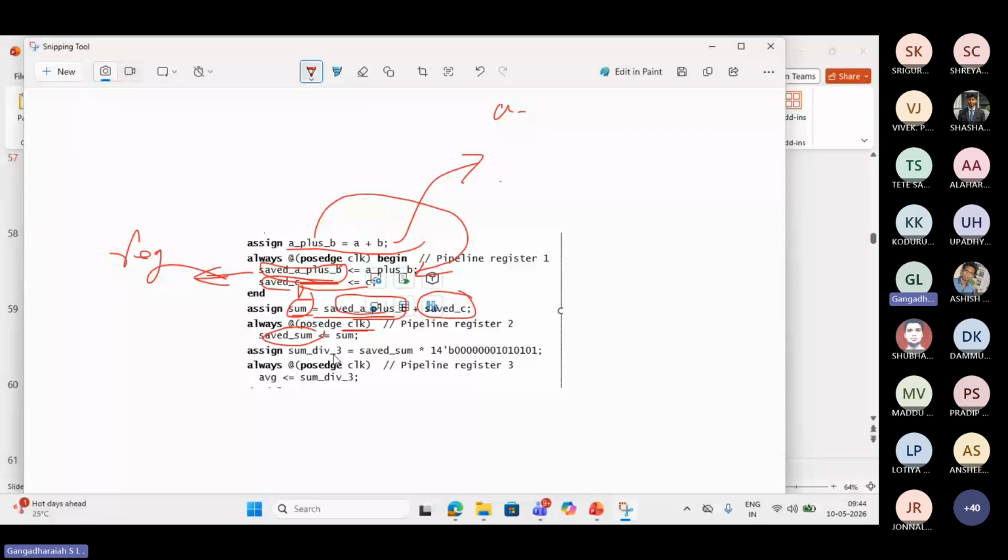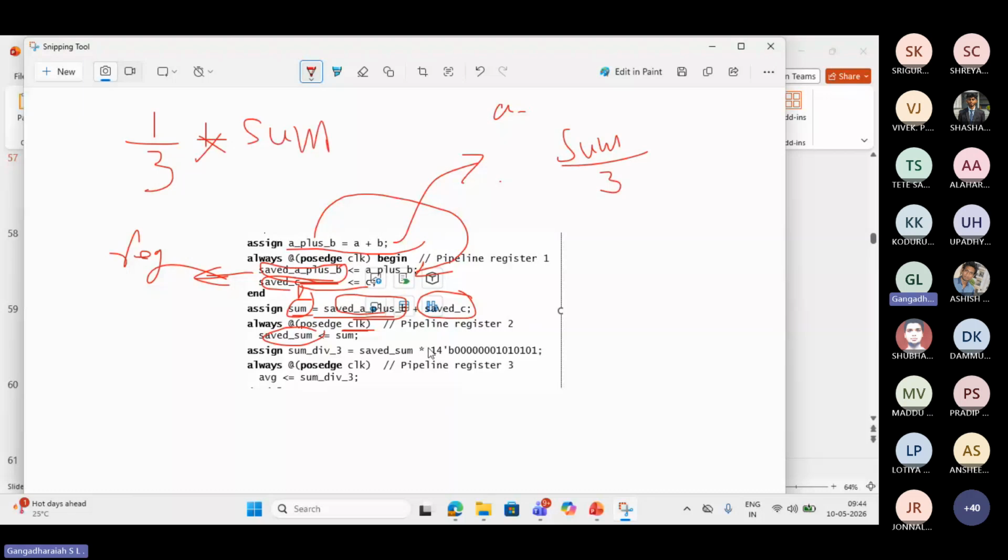Okay, so this is what is being done: let's say I'm trying to find the average. The average of 3 numbers is sum by 3. You can write it as 1 by 3 into sum.